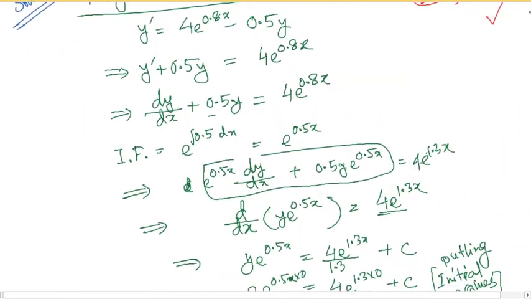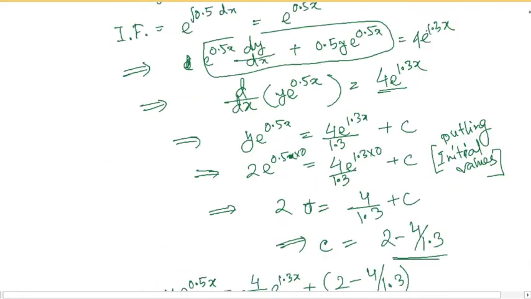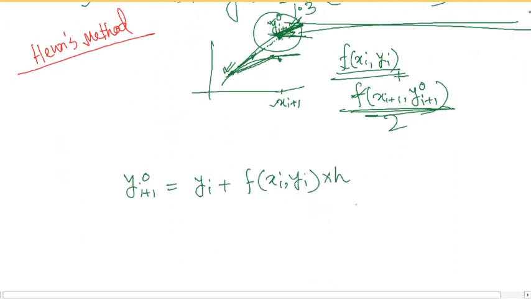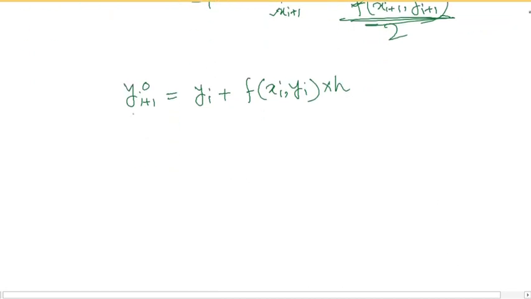Now here the step size h is 1. Therefore, we know y0 equals 2, the initial value is known.